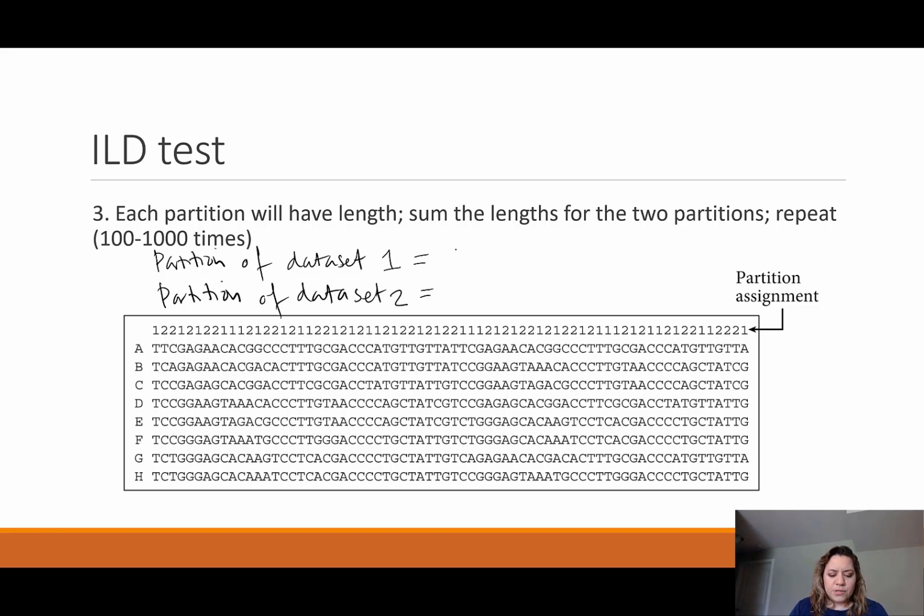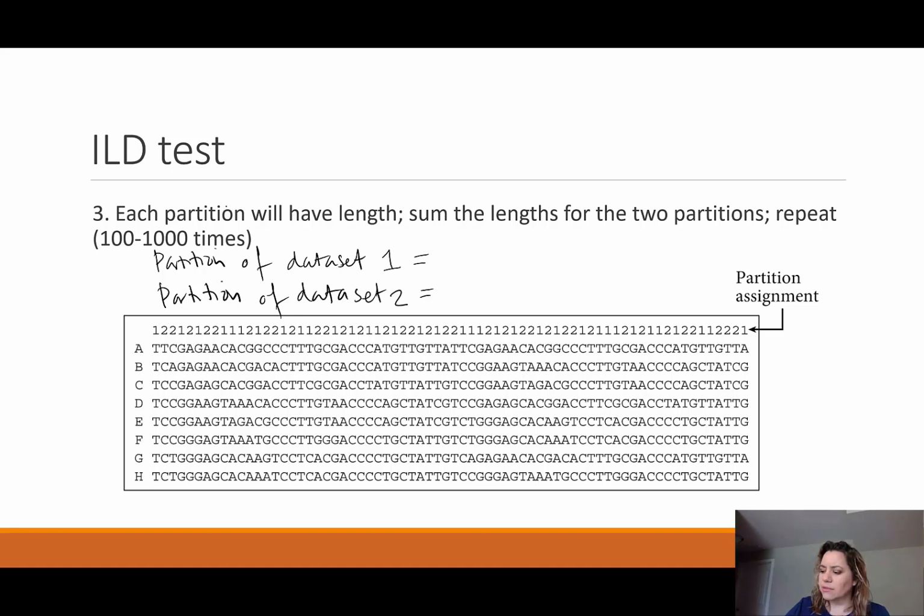So for the two partitions together, you estimate the shortest tree for random partition 1. For all of the characters labeled 1 in this data set, you take those out and estimate the tree based on that partition.